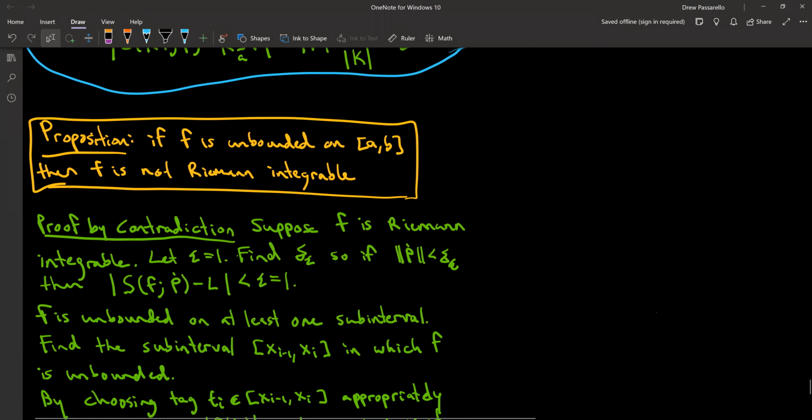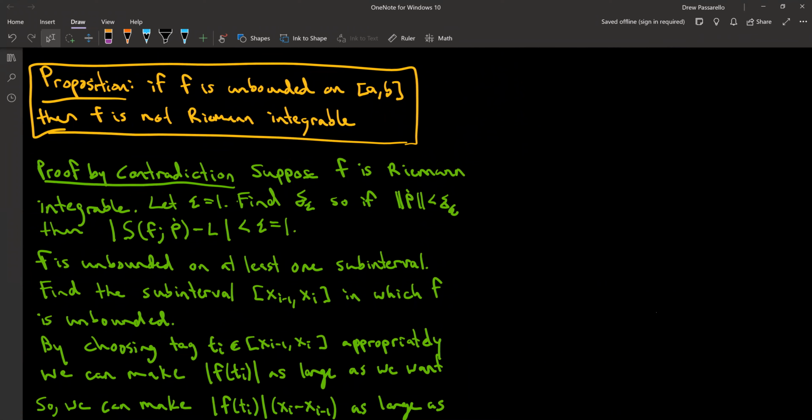So the proposition: if f is unbounded on some interval a to b, then f is not Riemann integrable. So I did a proof by contradiction. Assume f is Riemann integrable. Since it's Riemann integrable, we can let epsilon be 1, because by definition, the absolute value of the Riemann sum of f minus the value L is less than epsilon for all epsilon.